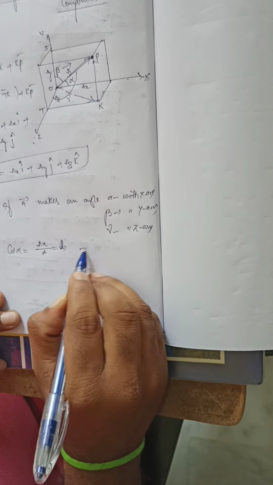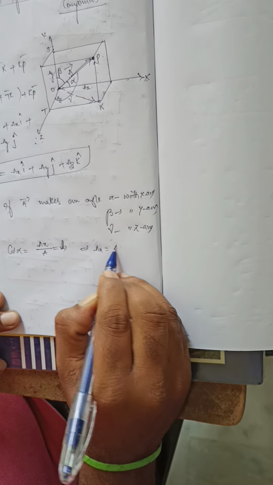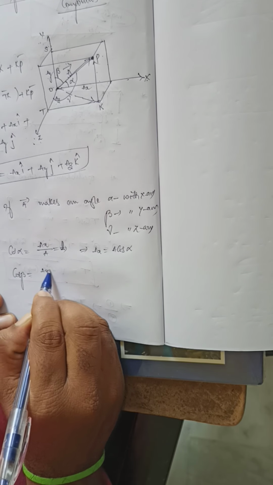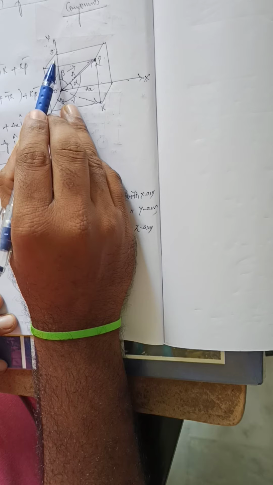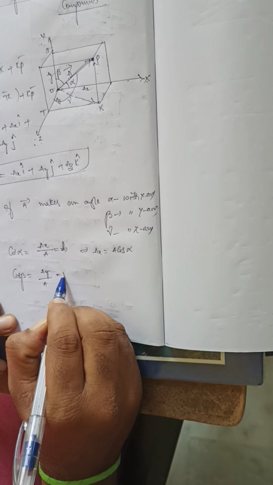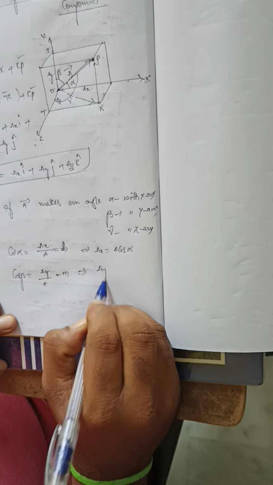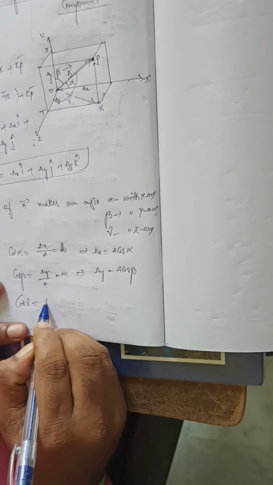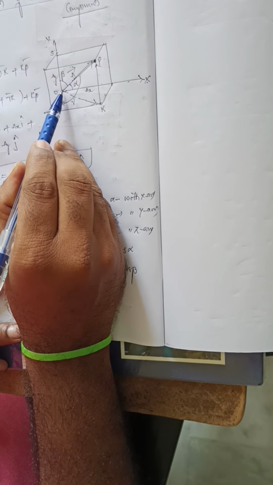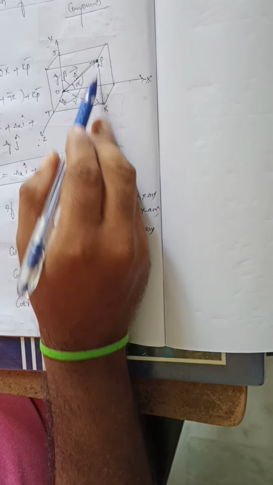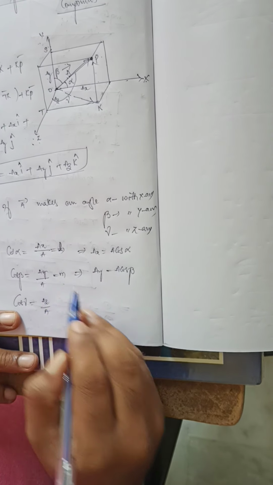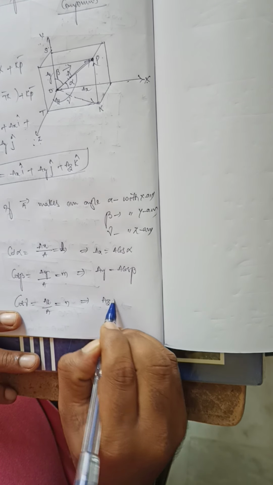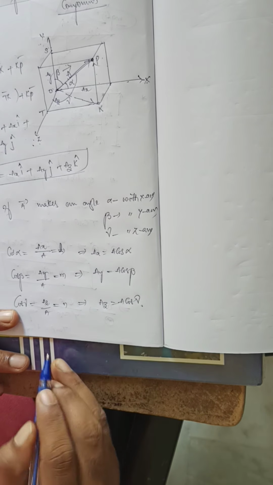So from this relation, AX is equal to a cos alpha. Similarly, cos beta is equal to AY by a, adjacent side by hypotenuse. This will be taken as m, and from this relation AY is equal to a cos beta. And cos gamma is equal to AZ by a, because this one is a right angle. So in this right triangle, cos gamma is equal to AZ by a, that is equal to n. Therefore AZ is equal to a cos gamma.